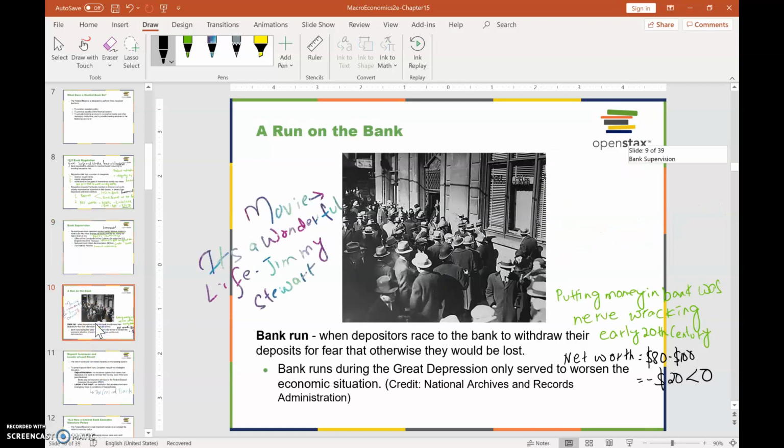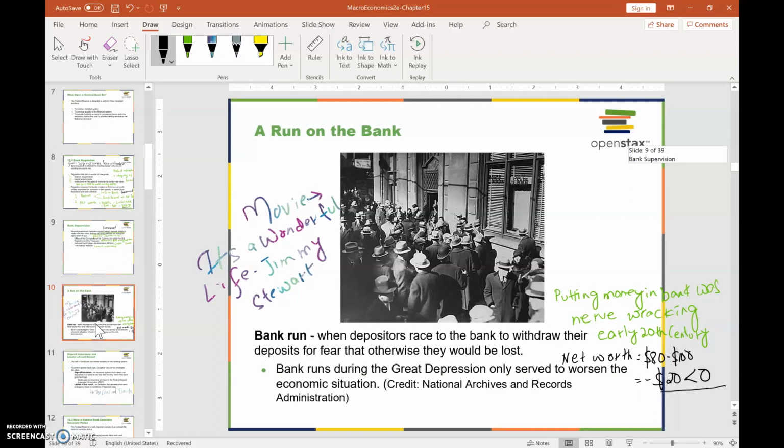Alright, now we look at bank runs. So during the early 20th century, putting your money in a bank could be nerve-wracking. One of the reasons is there was a chance the net worth was negative or assets were less than the liabilities.